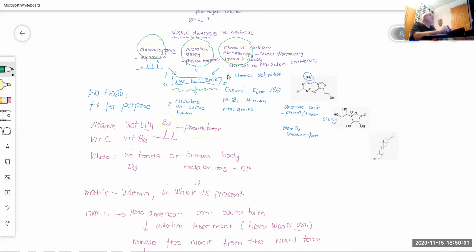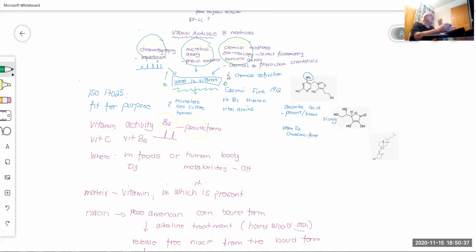So you have what you have left: chromatography, microbiological, and chemical, immunochemical methods, spectroscopic methods, and so on. So this is now your topic, and I will divide you into 3 different groups. One is dealing with chromatography, one is dealing with the microbiological assay, and one is taking the rest, the chemical, spectroscopic, and immunoassays, and then try to figure out what the advantages are, what the good points are.